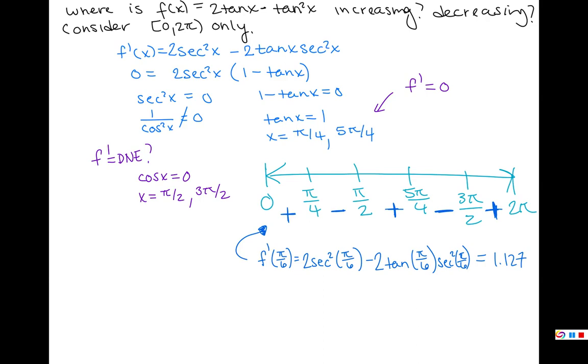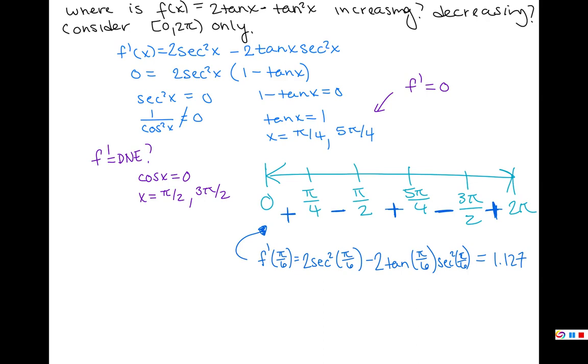I think 7 pi over 6 works. And then I picked something between 5 pi over 4 and 3 pi over 2. 4 pi over 3 maybe. And then something between 3 pi over 2 and 2 pi. You do like 7 pi over 4.